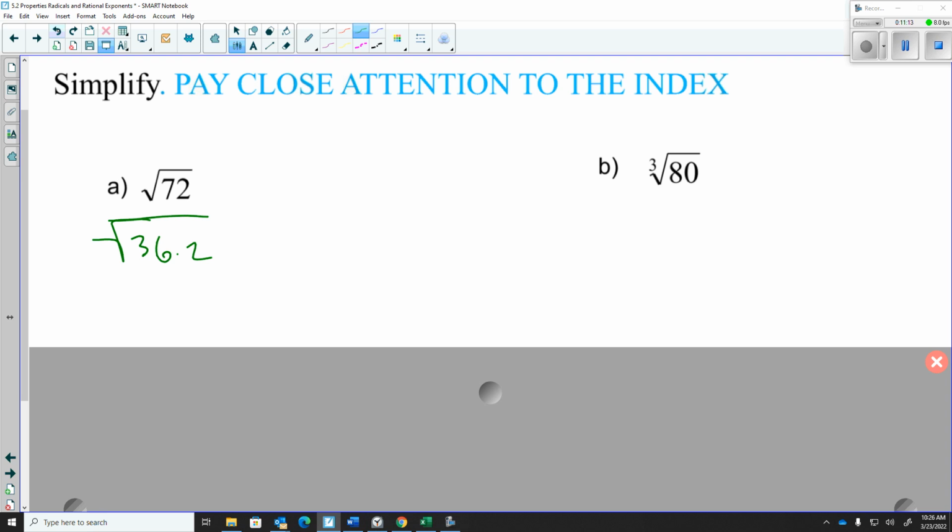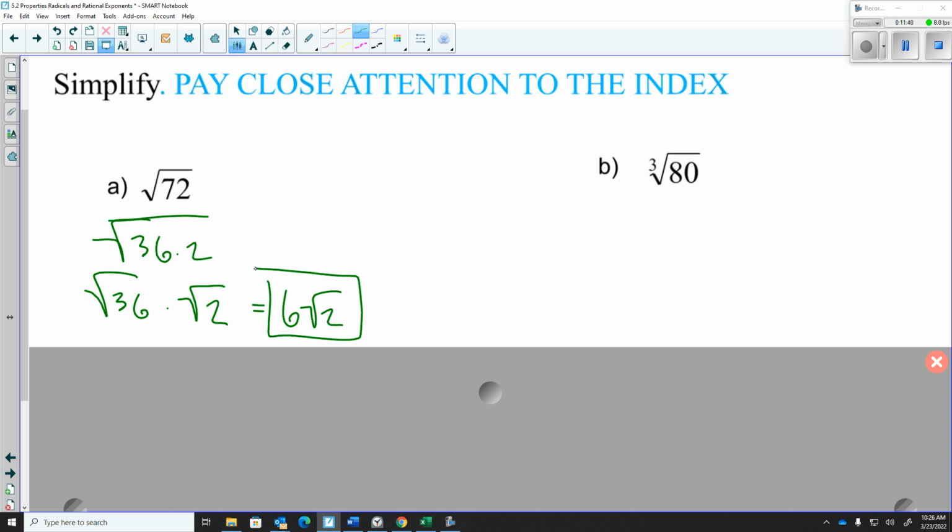That's what we're talking about today. This is all underneath the square root, so you can split it up into 2 square roots. Because it's the same root, you can break them up. And what is the square root of 36? So it's 6 root 2. So that's what we were doing last quarter.